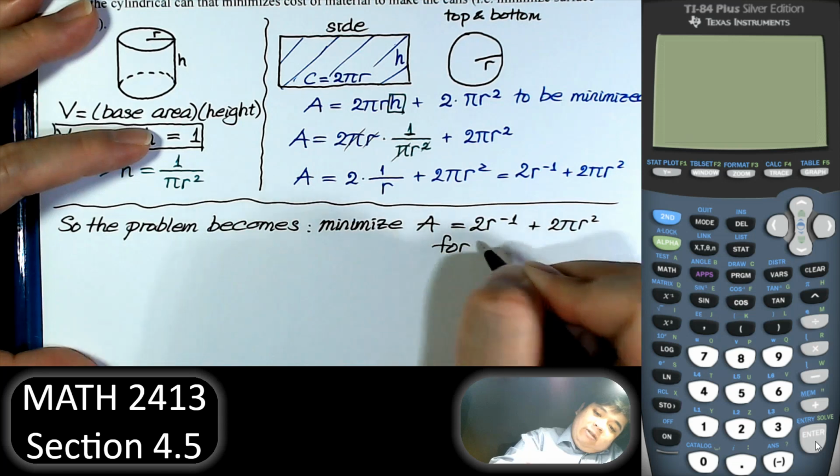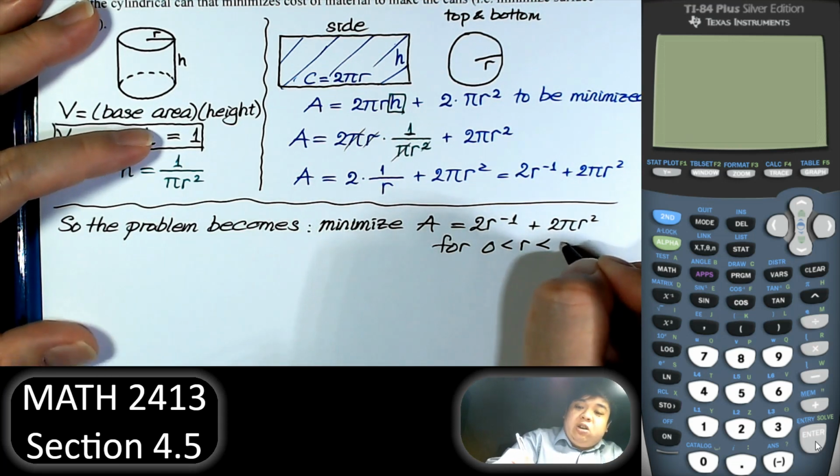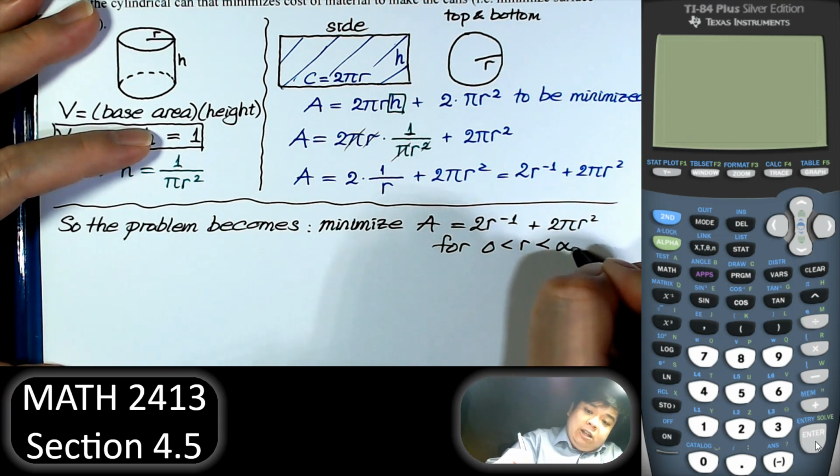And we don't really have any restriction on r. Theoretically, it could be anything.